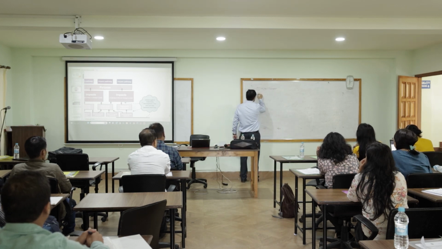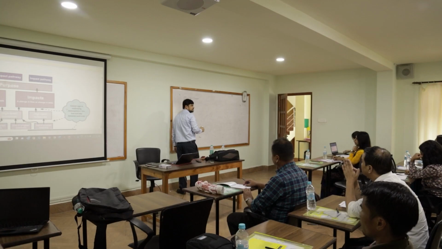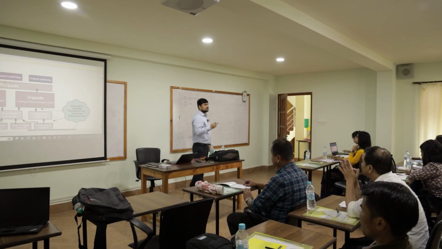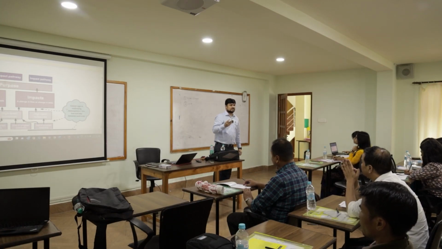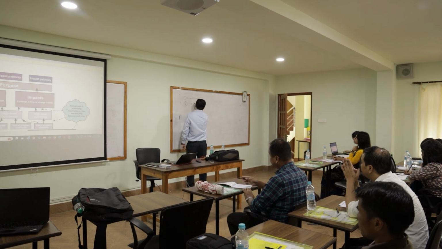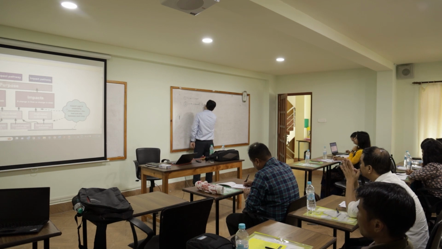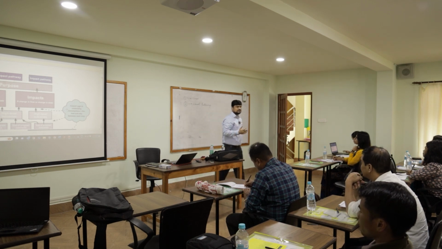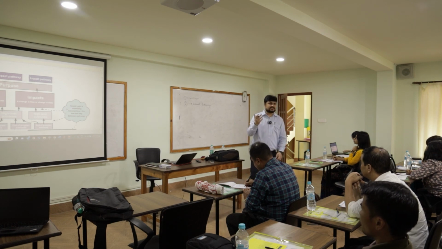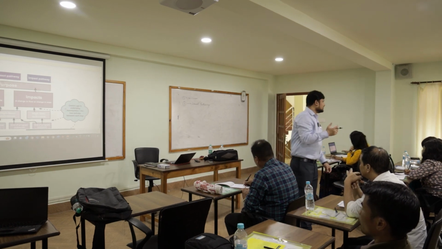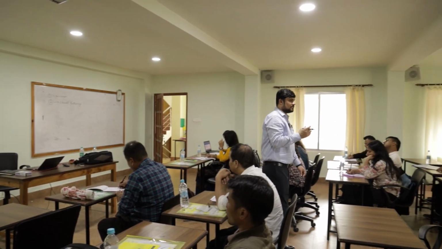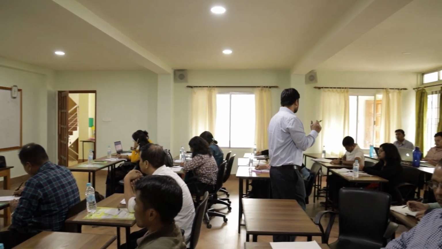Right. Number two is that all these arrows are basically called causal pathways. Pathways we all know, simply the path that is being followed. And the reason why we are calling it causal is because it follows an if-then kind of a relationship.